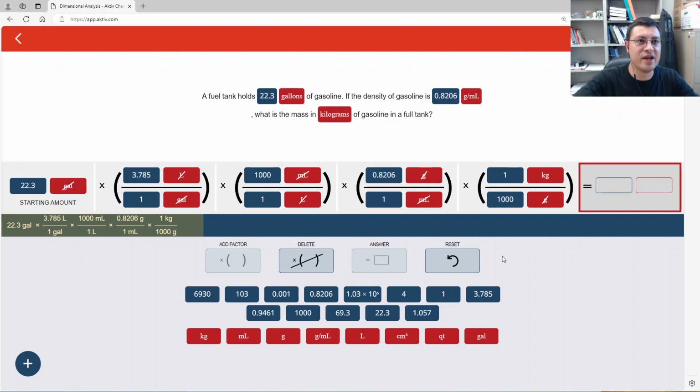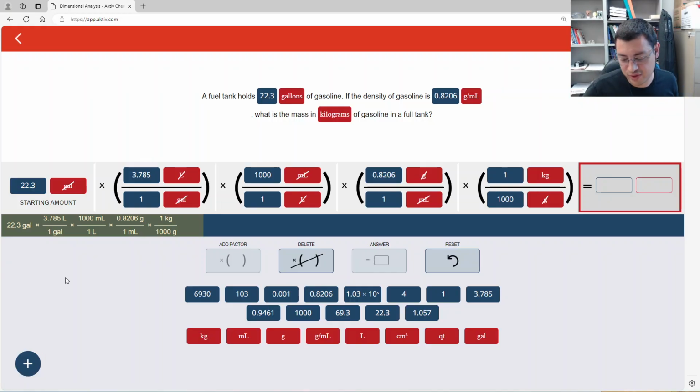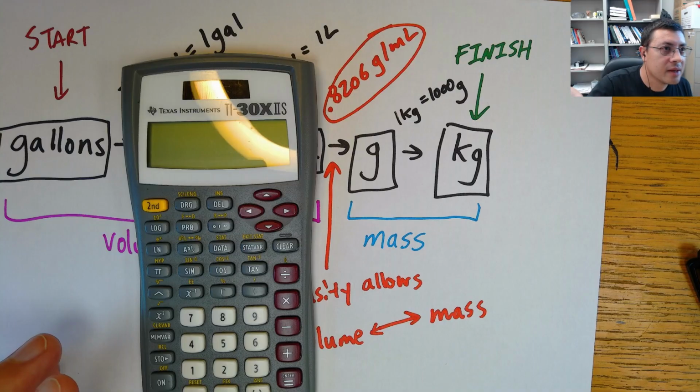And there's no in-app calculator. Yeah, so I'm going to just type this. All right.